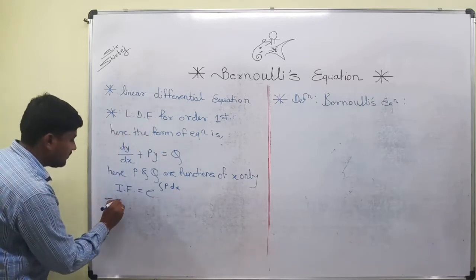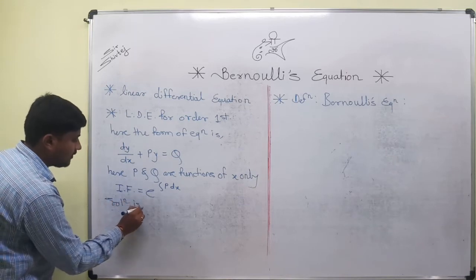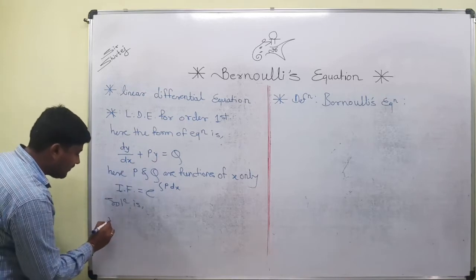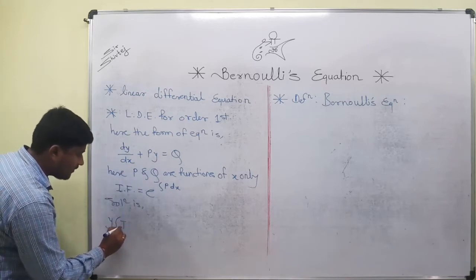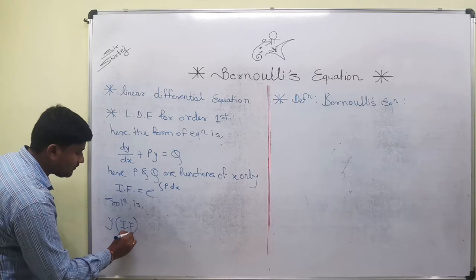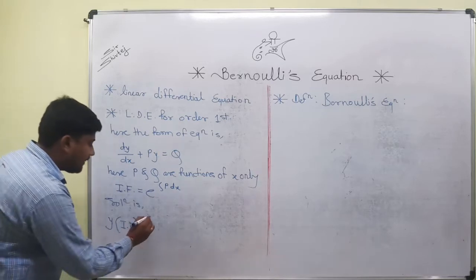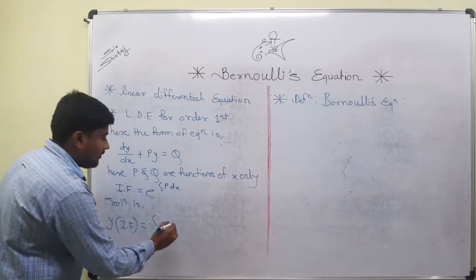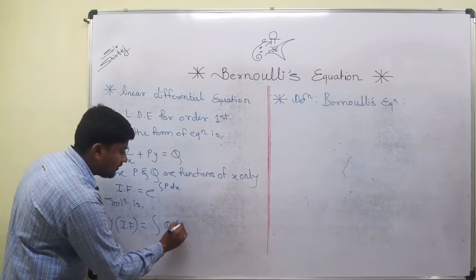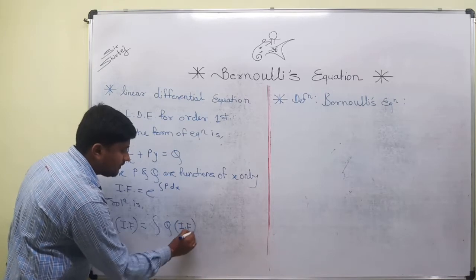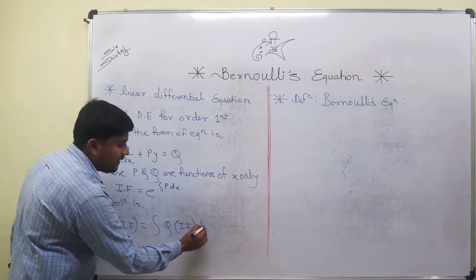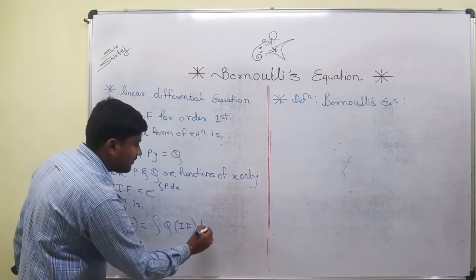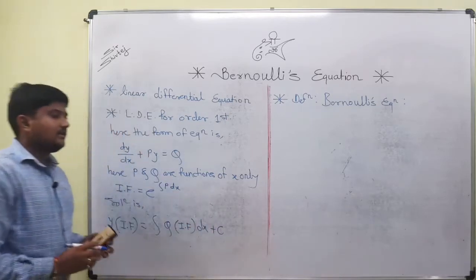The solution is: firstly we take the dependent variable y into the integrating factor, equal to the integral of Q into the integrating factor dx, because P and Q are related to x, plus constant c.